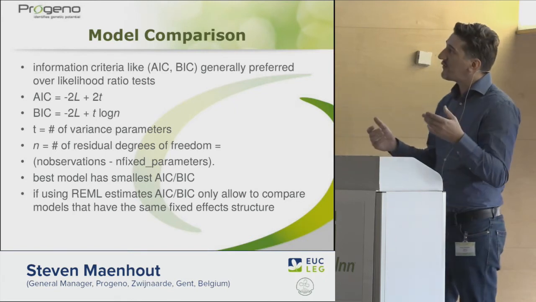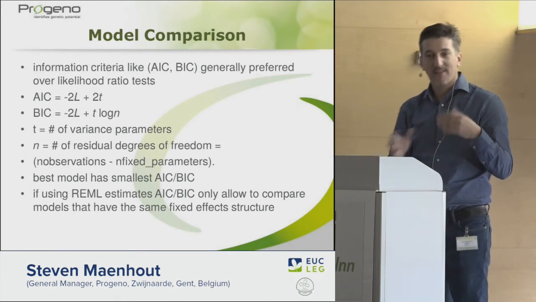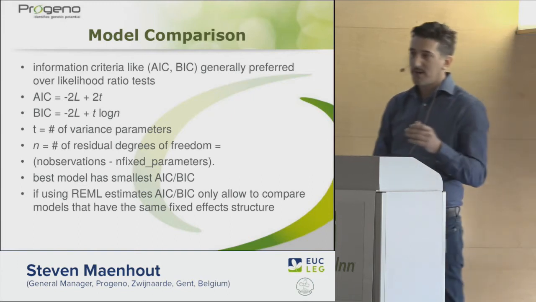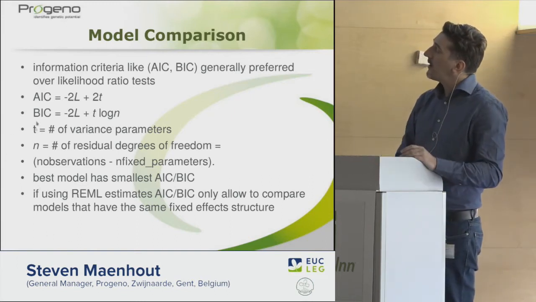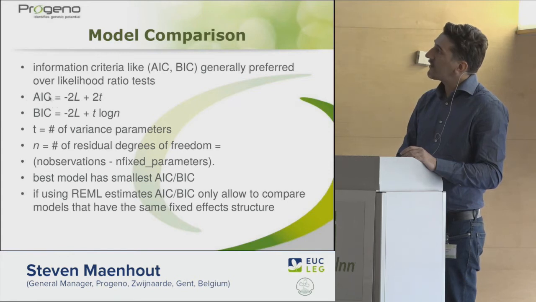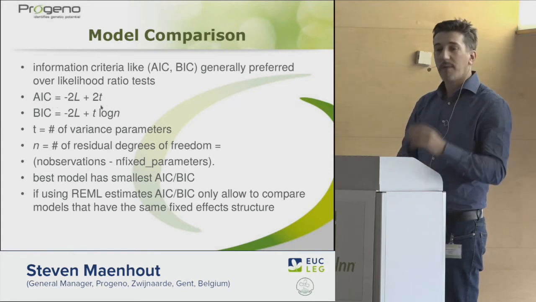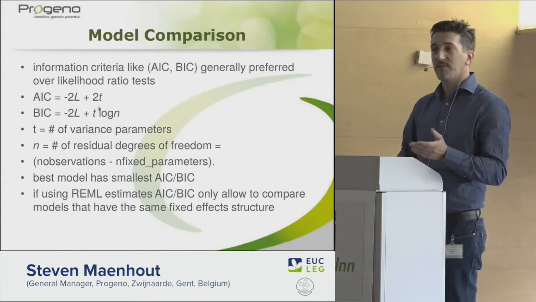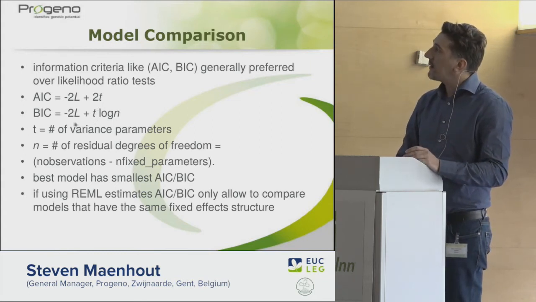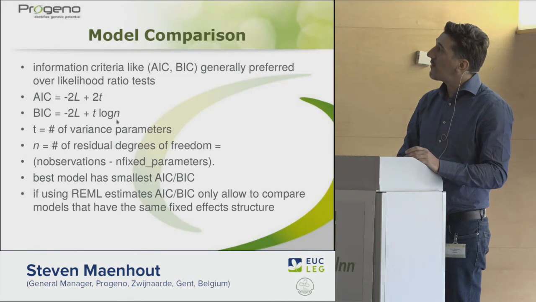And then the discussions start: what is a fair punishment? And that is where the differences start between statisticians. Akaike's information criterion says that it's 2 times the number of parameters that you're using, 2 times t. That is a fair punishment. And the Bayesian information criterion says, no, it has to be t, the number of parameters, times log n, the number of residual degrees of freedom.